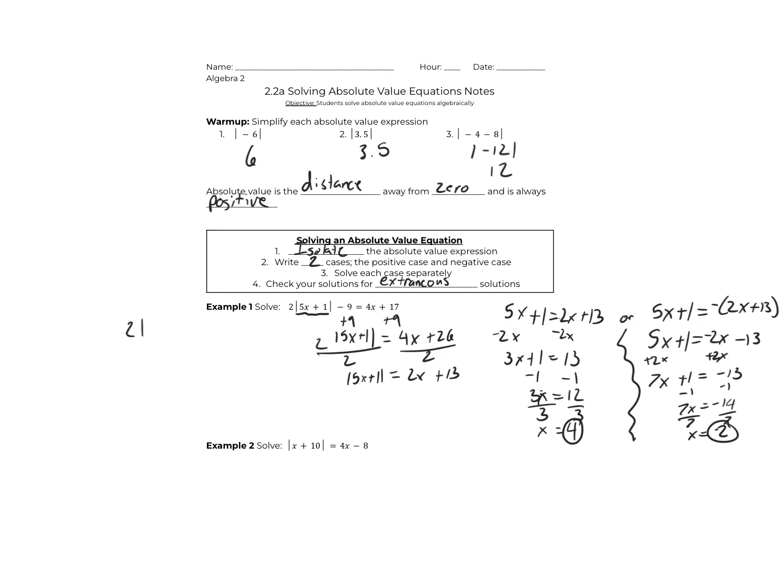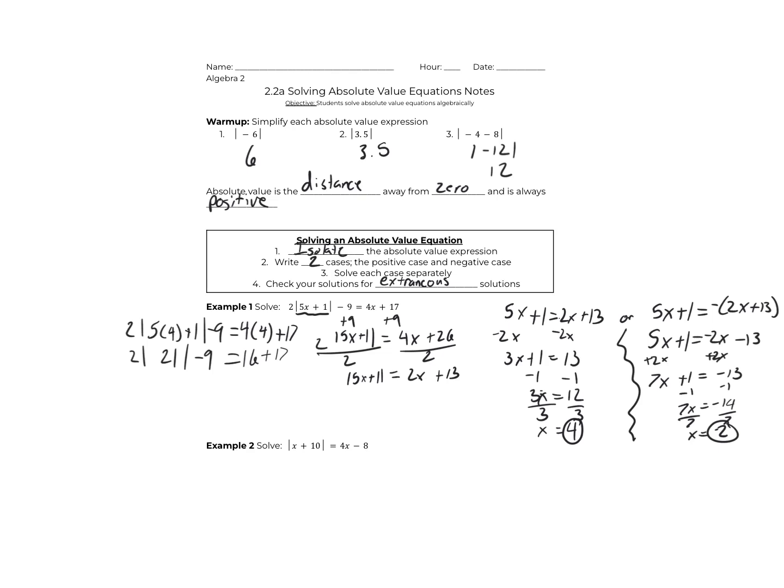So 2 times the absolute value of 5 times 4 plus 1 minus 9 equals 4 times 4 plus 17. All right, so we will follow the order of operations. 5 times 4 is 20, and 20 plus 1 is 21. 4 times 4 is 16.